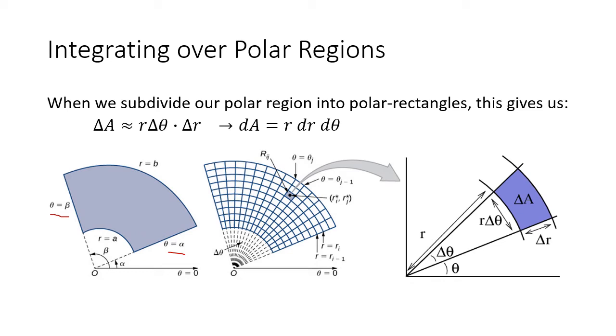Now, if we take one of those really small polar rectangles, like the one there in red, and look at it much bigger, how would I find the area of this? I can approximate the area. The approximate area, delta A, is equal to, well, I take this arc length. How do I find this arc length?